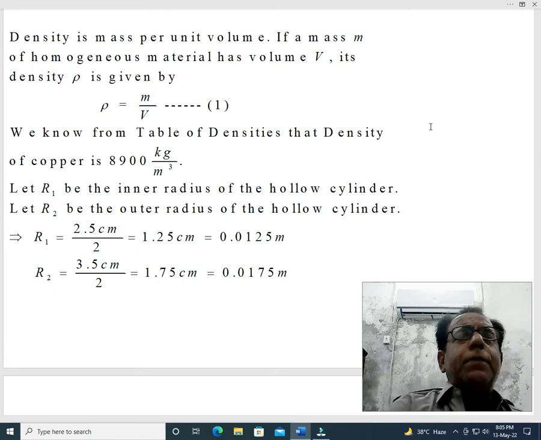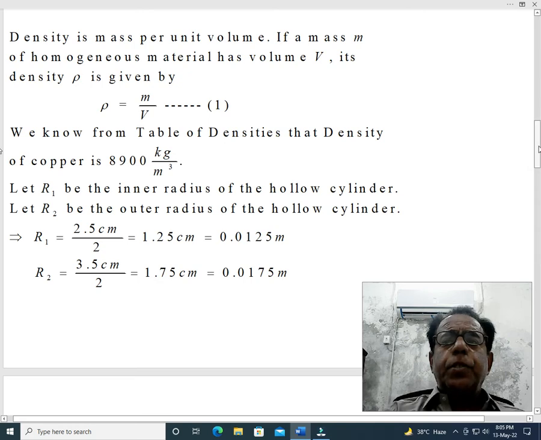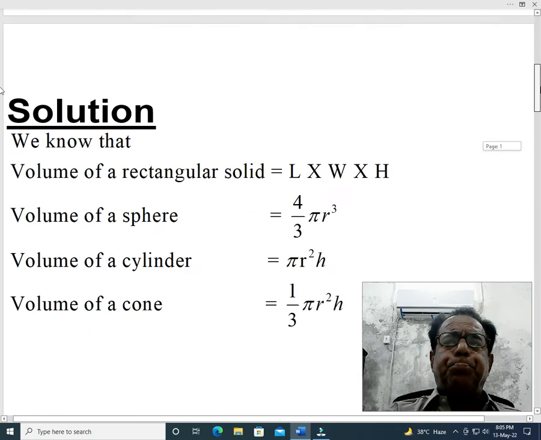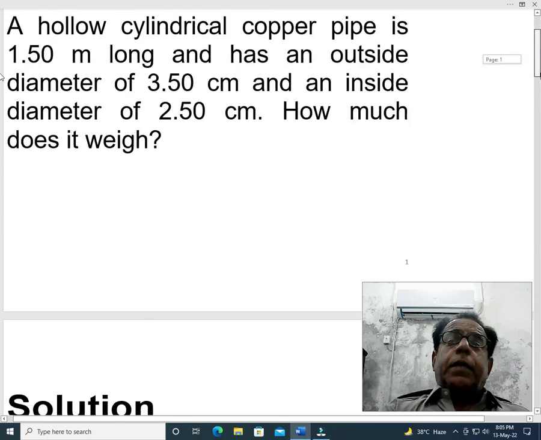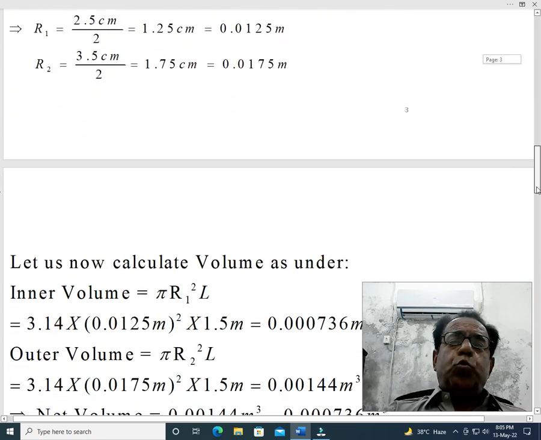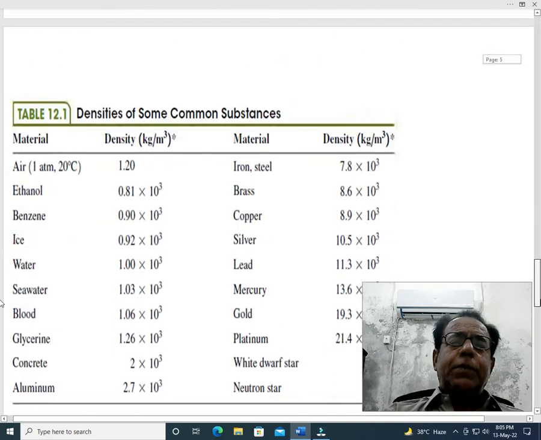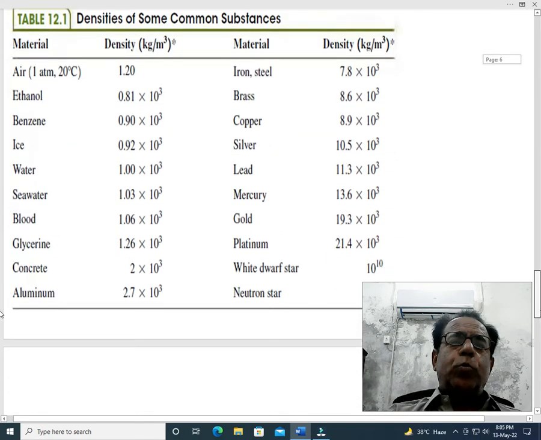Dear students, here we will show the table of densities. First we show that a hollow cylindrical copper wire, okay? Copper is under consideration, okay? So now we move to the table of densities in which we will see copper's density, okay? Where is copper? This copper, okay? Right column, third row, okay?